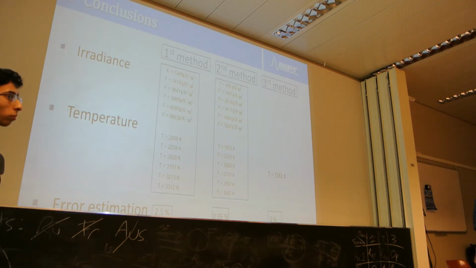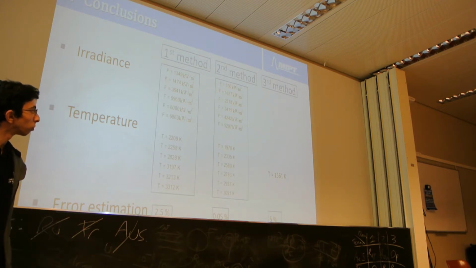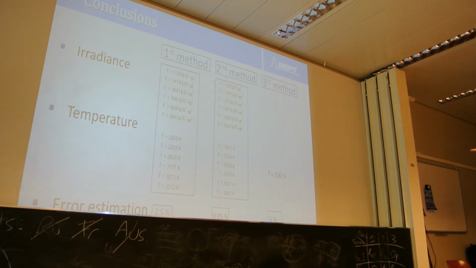So those error estimations are related to the temperatures that are measured there. Those are the temperatures that you extracted from the method. Am I right? You extracted the temperature from that method in each case, and that's the error related to it.